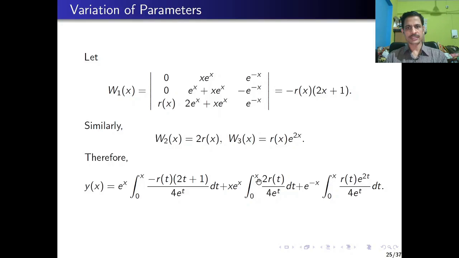So this is the v2, plus here we have y3 and this is the v3, because v3 prime was equal to W3 divided by W, that is written here. So this is the solution using variation of parameters.